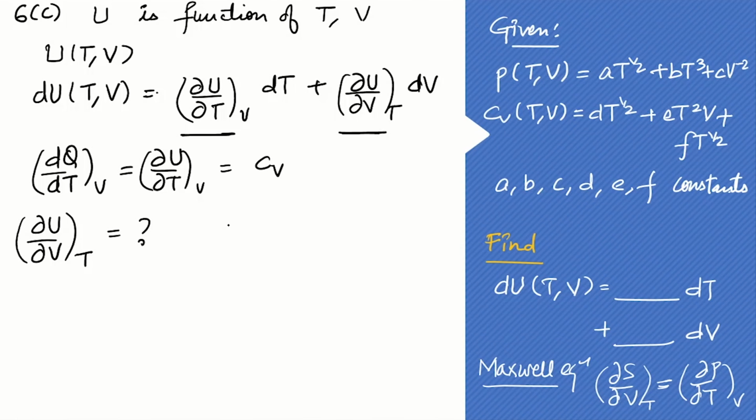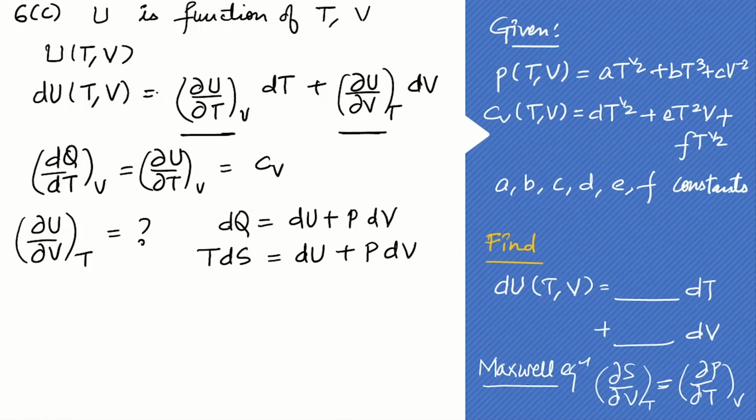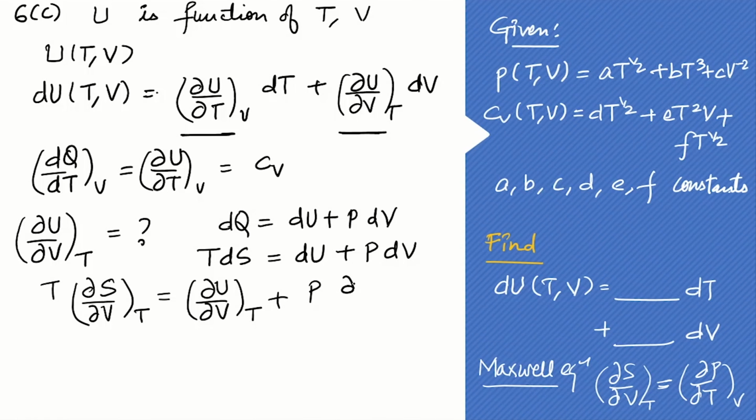So let's use the first law of thermodynamics. This is dQ equal to dU plus P dV. So we can write this dQ as T dS. This is dU plus P dV. So now let's differentiate this equation with respect to volume at constant temperature. So this will be (∂U/∂V) at constant temperature plus P times ∂V/∂V at constant temperature. This will be 1.